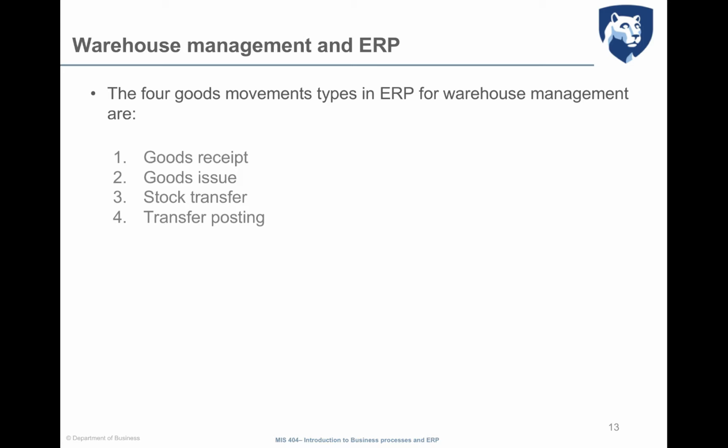All that we discussed very briefly until now, from an ERP perspective, translates into 4 types of goods movement: goods receipt, goods issue, stock transfer, and transfer posting. The key organizational level associated with inventory management and warehouse management is the storage location. So, the main unit of analysis for us will be the storage location, but we will discuss it later.